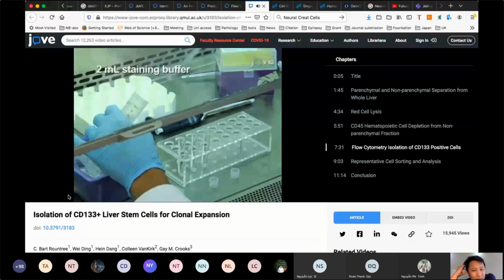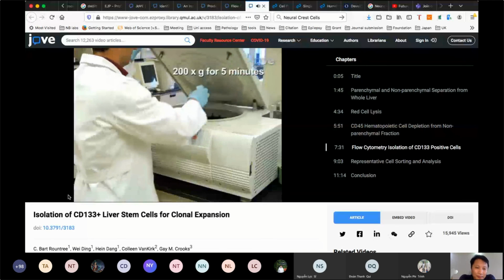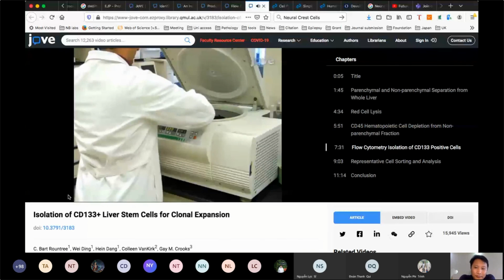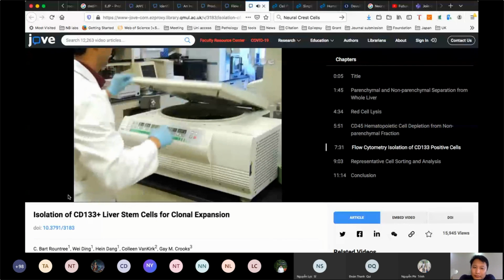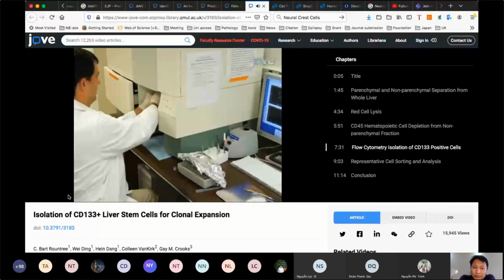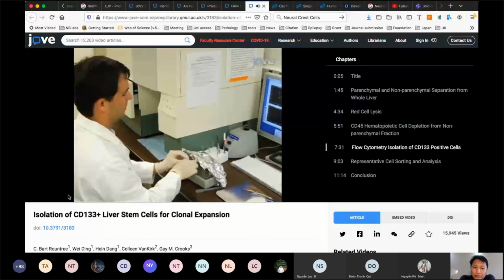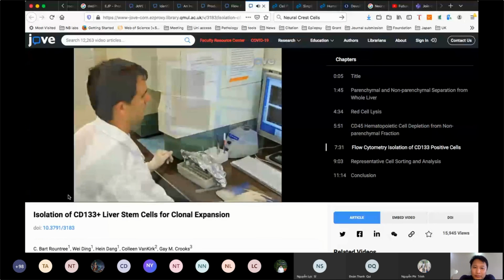Following the incubation, resuspend in 2 milliliters of staining buffer. Centrifuge at 200 times G for 5 minutes. Discard supernatant and resuspend the pellet in 1 milliliter Miltenyi buffer. Next, on the flow cytometer, use unstained cells and IgG PE stained cells to adjust the sorting parameters for optimized gating of the CD133 positive cell population.